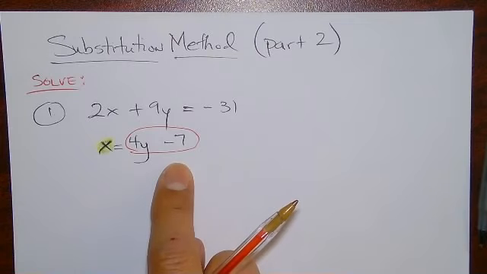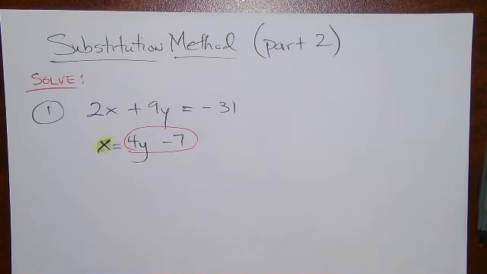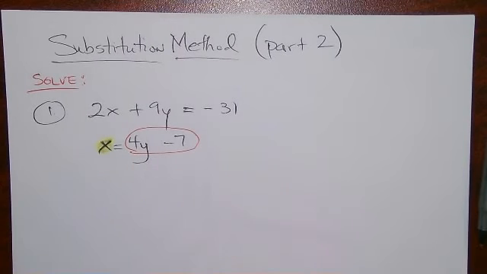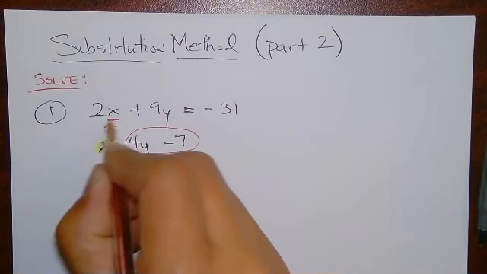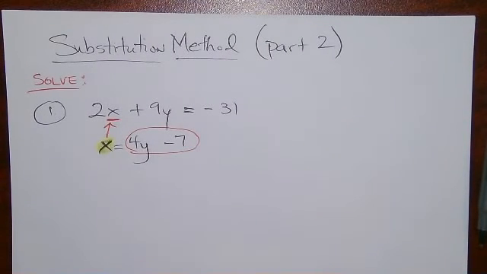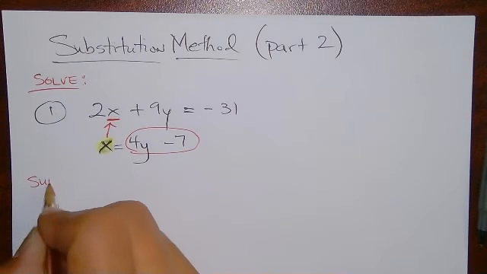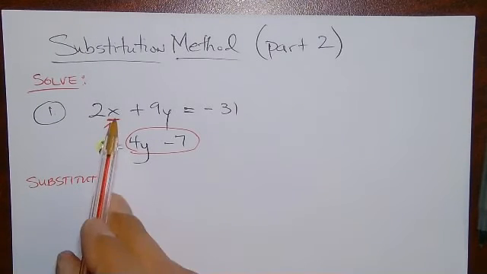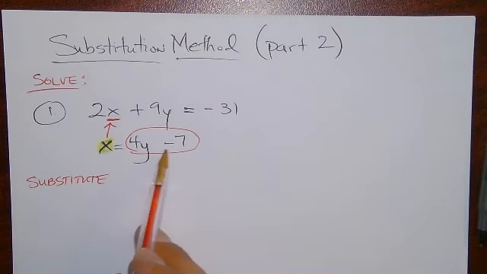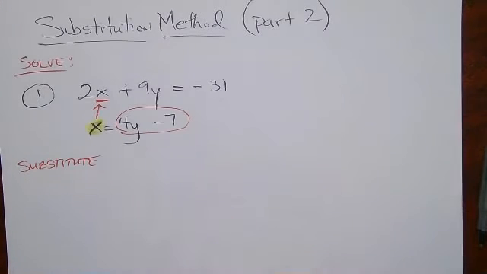What's the idea here? You substitute one equation into the other. And remember, sometimes you're substituting for the x, and sometimes you're substituting into the y. This one says to substitute for x. So instead of x right here, we're going to write this expression.